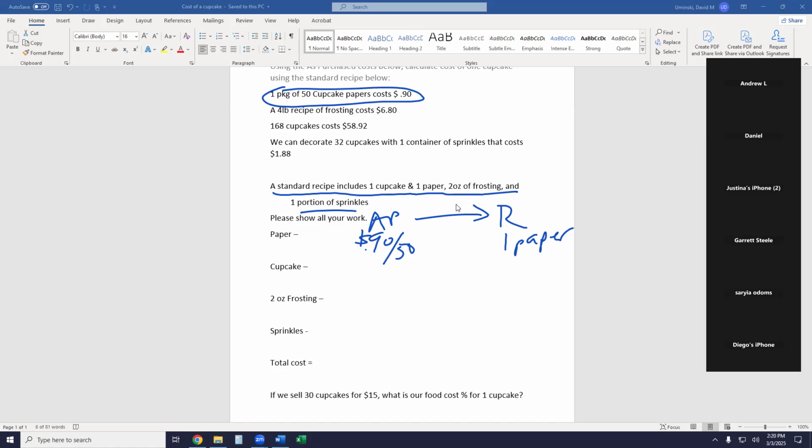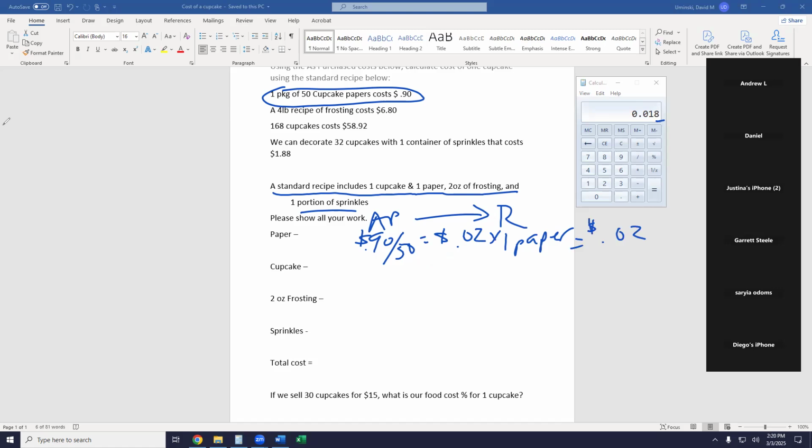So when we divide 90 cents by 50 papers, we round that up to what? To 2 cents, right? There's a third decimal place. So that's 0.02. So 2 cents per paper times 1 paper is 2 cents. That's my total cost for the paper.